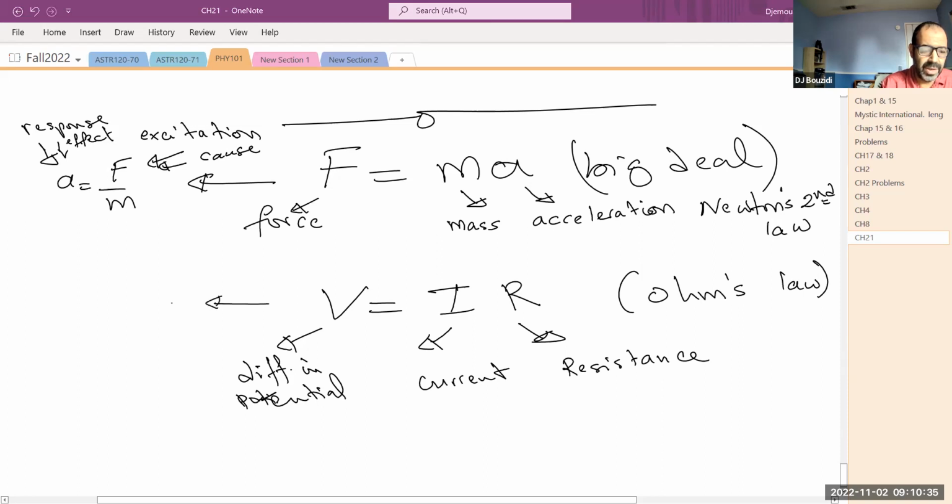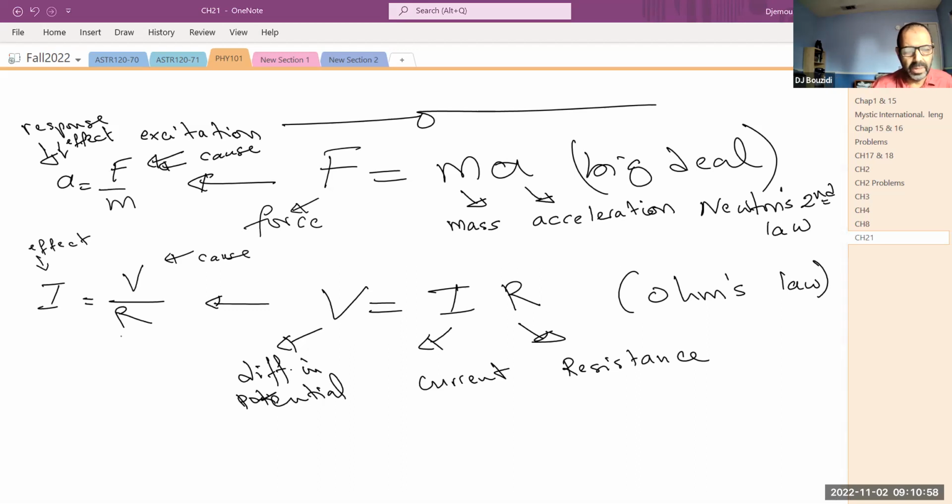Same thing in here. If you have a voltage, you're going to have a current in a system. How big the current is depends on the resistance. So again, this is your cause, and this is your effect. And what tames the current is the resistor. That's it, the resistance.